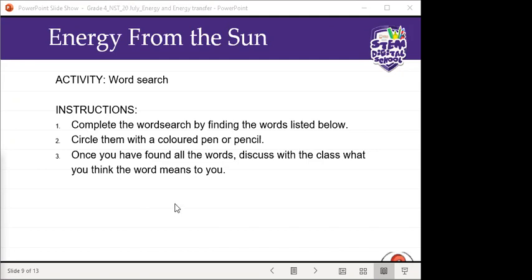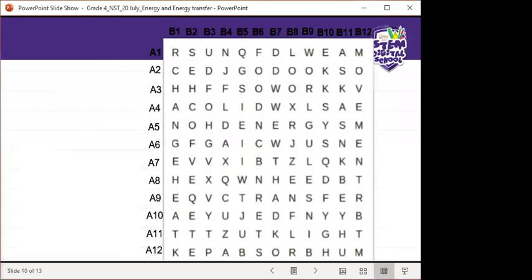Right, so we're going to play a word search. Unfortunately, you can't exactly use your colored pen or pencil where you are, unless of course you have the Siyavula textbook, because that's where the activity is. But I need everyone to pay attention and play with us. This is how it's going to go.